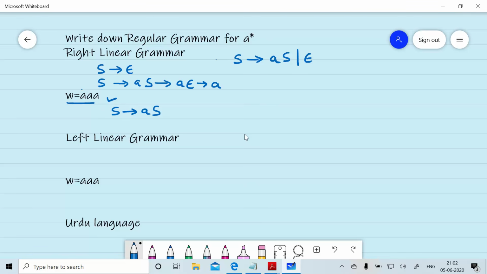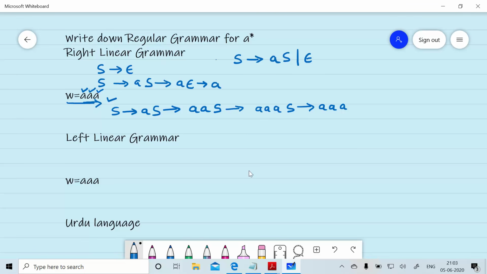This a is the leftmost symbol that we are able to generate. Then S is again replaced by aS and the second symbol a is generated. Further, S is again replaced by aS and the third a is generated. Then S is replaced by null. So the string is processed from left to right in the case of right linear grammar.